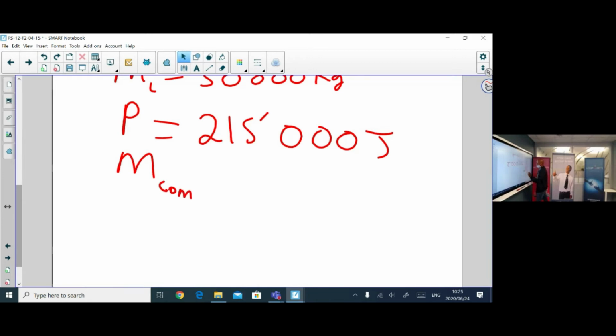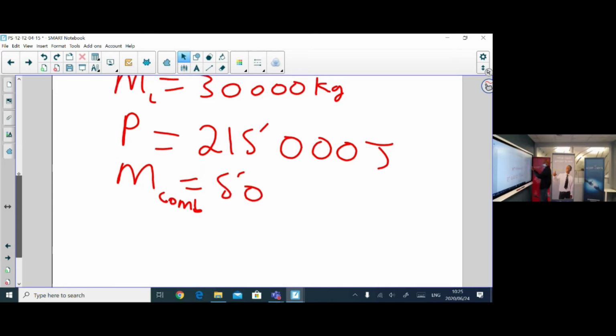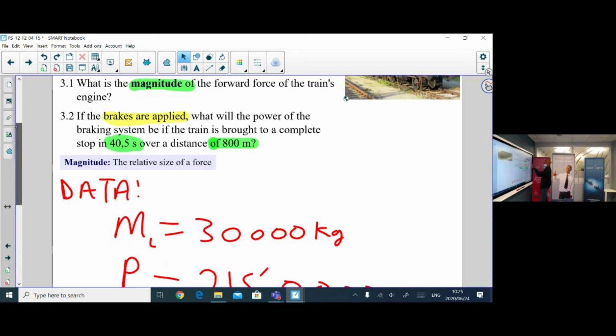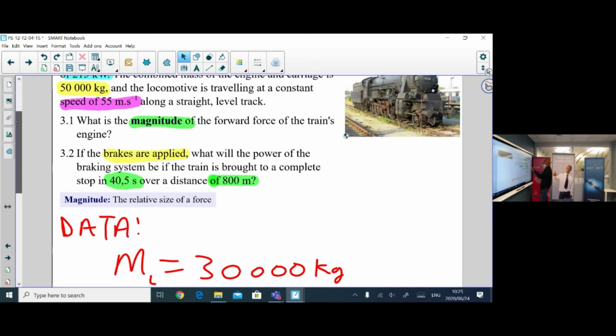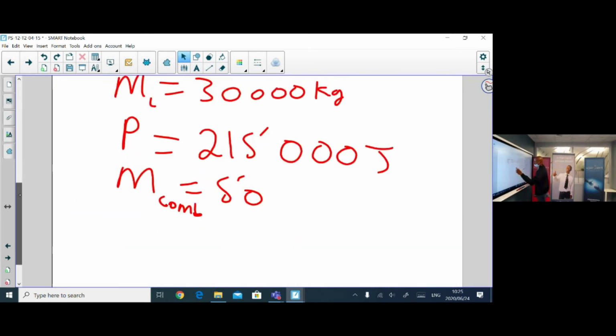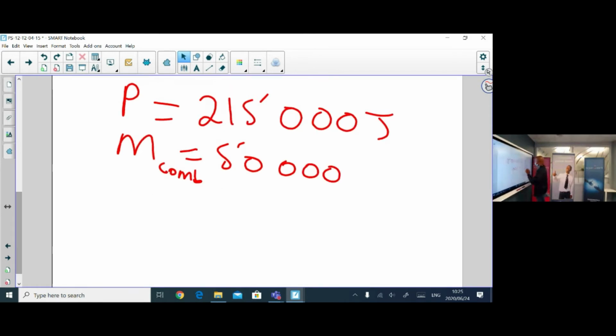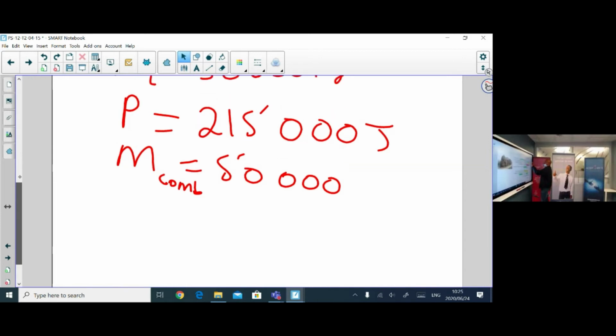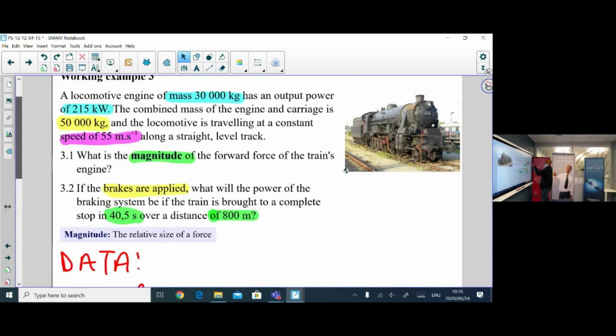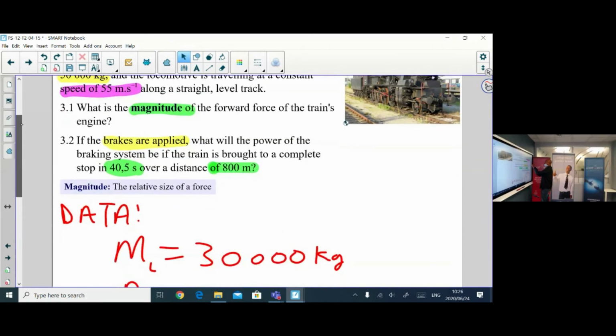Let me just say M sub C underneath, which is equal to 50,000 kilograms. And what else? We have a constant speed of 55.